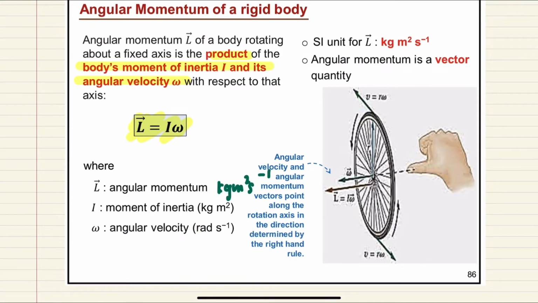Since angular momentum is a vector quantity, obviously it will have a direction. So how do we determine the direction? This is an example: you have a wheel which is rotating in that direction. To determine the direction of angular momentum, you have to use the right hand grip rule.